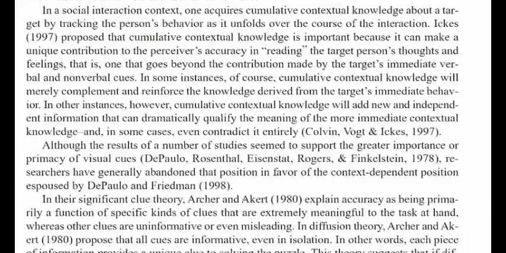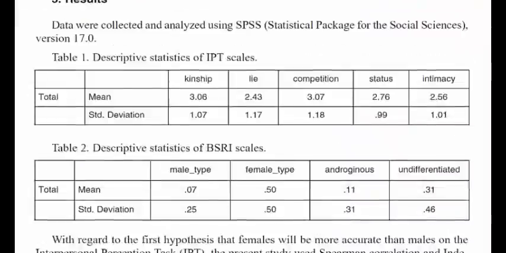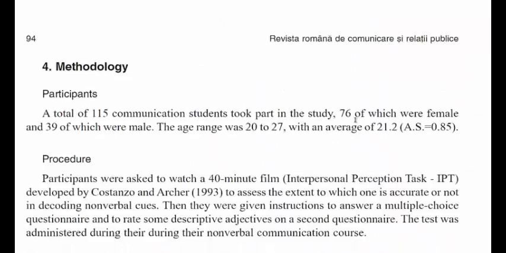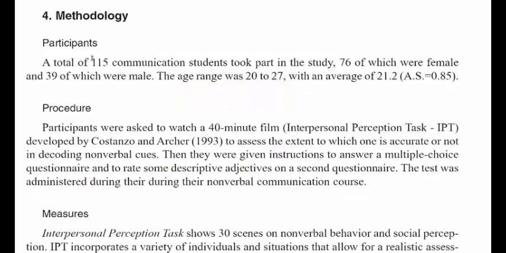So if you go to page 94, you can see that one of the demographics is gender, another one is age. And if you mention that they were communication students, that too could qualify as an overall demographic description, but really the 2 categories look to be age and gender.